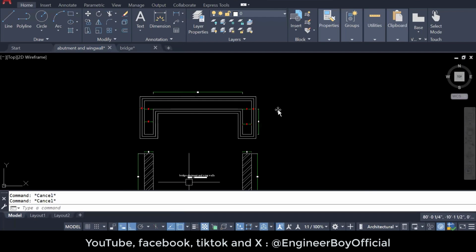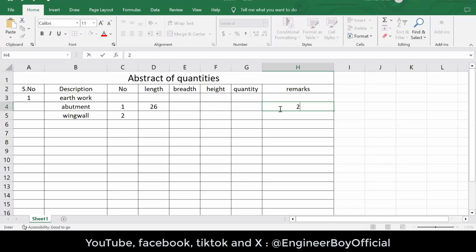Okay, I'm going to write this thing over here, like maybe what is 26? It is actually the same thing like 20. We have just added 2 feet for the wing walls, for one side, 2 feet for another side. And then if you remember, we have added 1 feet for one side, for 2 steps, and 1 feet for another 2 steps.